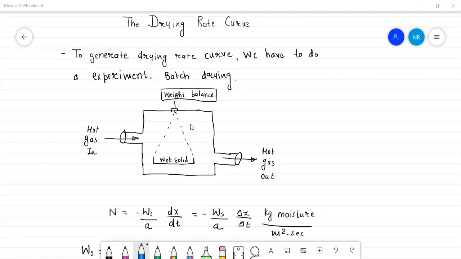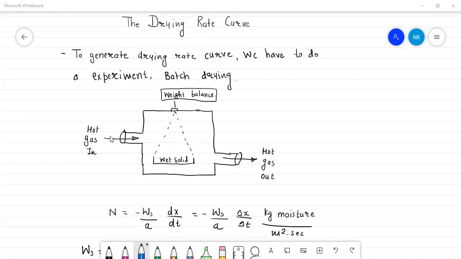balance. So first we put down the weight of the pan, then we take it as a zero on the weight balance, then we put the solid in and see the initial weight.